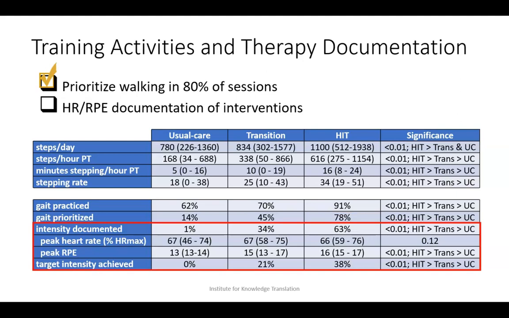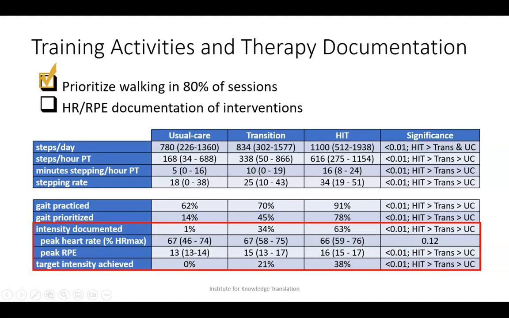as well. When we look at the intensity of the sessions, similar to what was observed above, with the exception of peak heart rate, the transition phase was significantly greater than usual care, and then the high intensity training was significantly greater than the transition phase.